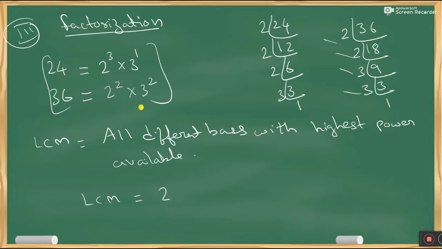All different bases are prime numbers. That is, I have 2 and 3. And what is the highest power of 2 in these two numbers? It's 3. And what is the highest power of 3? It's 2. So 2 cube is 8, 3 square is 9, 8 9s are 72. So 72 is my LCM for the given numbers.